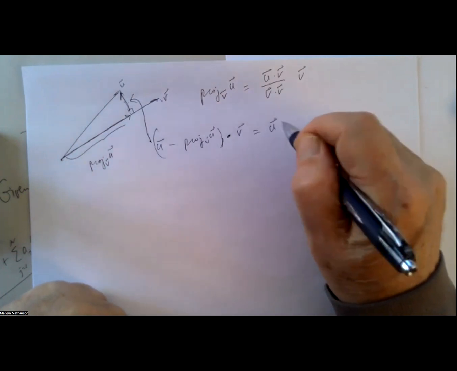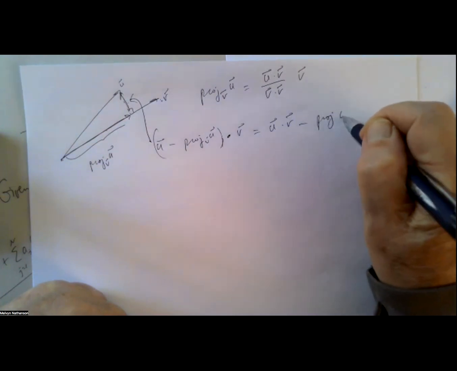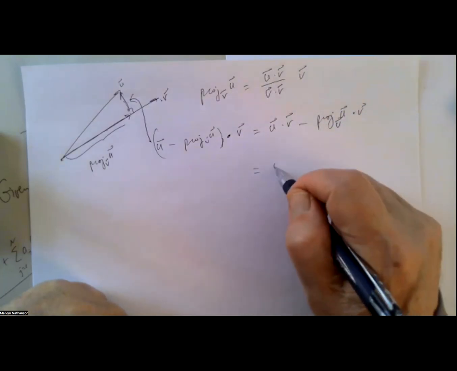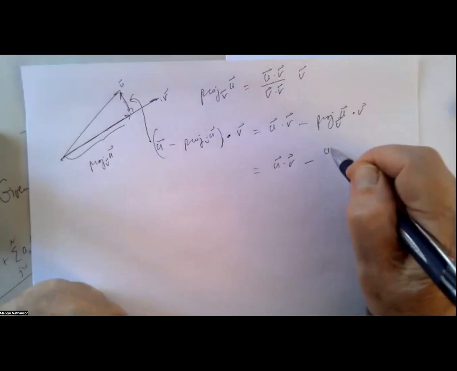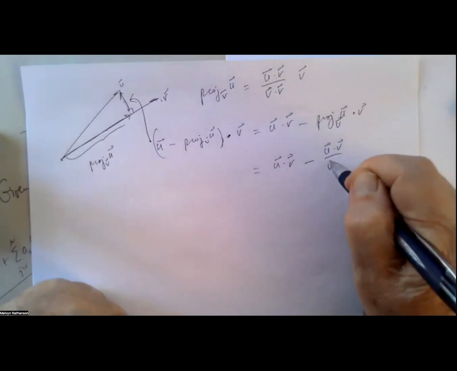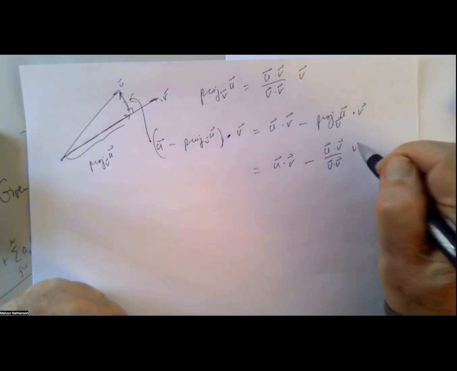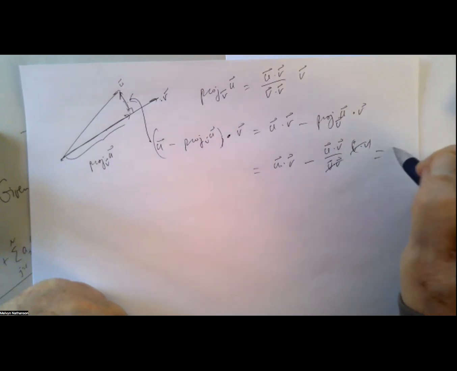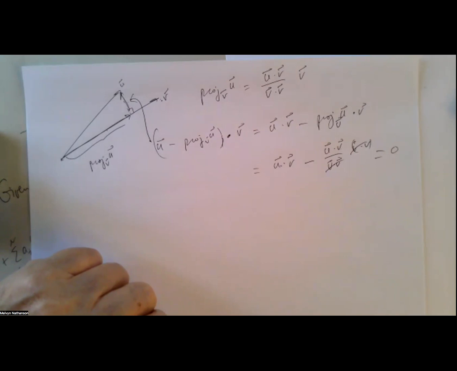You get U dot V minus the projection of U in the direction of V dot product with V. This is U dot V minus U dot V over V dot V times V dot V. These cancel, and then these cancel, and you just get 0. So that really is this decomposition.